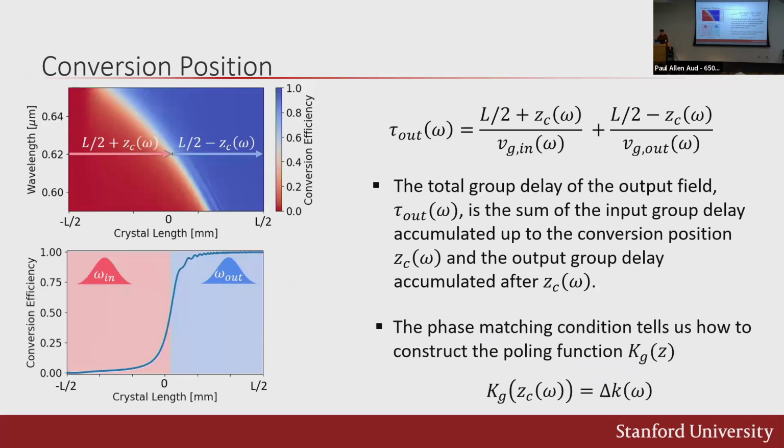Now we can design the period of our grating, how fast our grating is oscillating between plus and minus nonlinearity, based on where we want each frequency to be phase matched, to give us a good output profile in time.